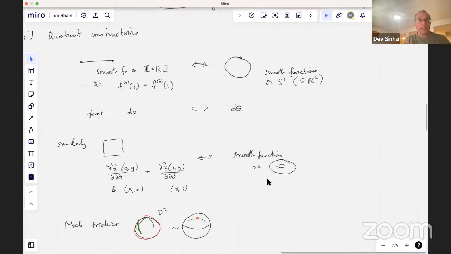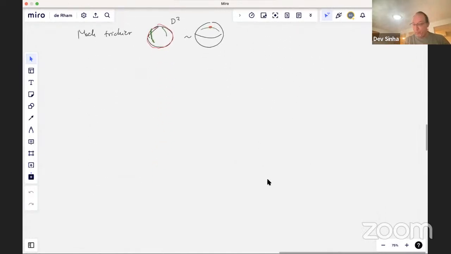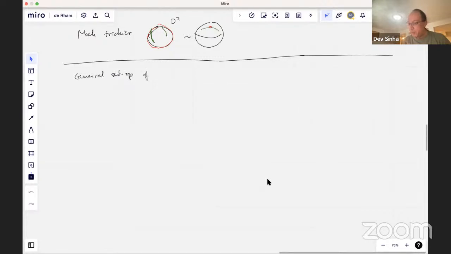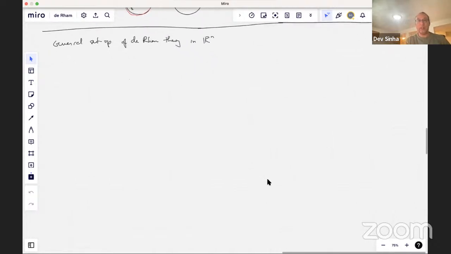Okay, so let's finally get at least an outline of a full setup of de Rham theory. So let's do the general setup of de Rham theory in Rn, and thus for submanifolds as well. So what are K-forms?